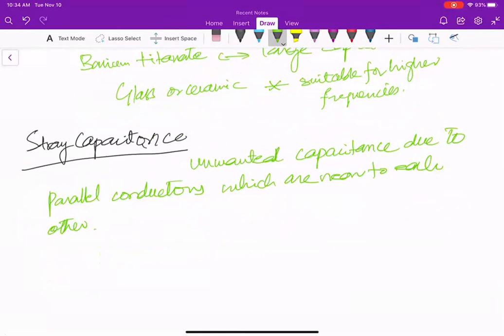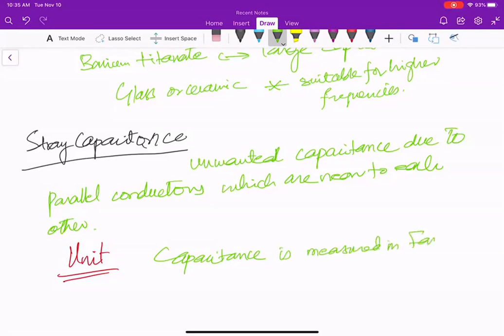Okay, so the capacitance unit, we know, is measured in farads.